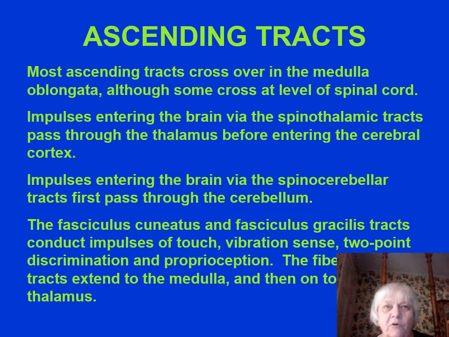These are some of your proprioceptive tracts. And if the cerebellum senses that your movement is faulty or that you're about to fall and your balance is off, it will send a message back to other centers that will control your movements.